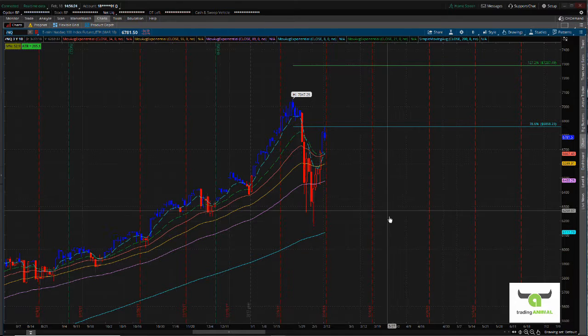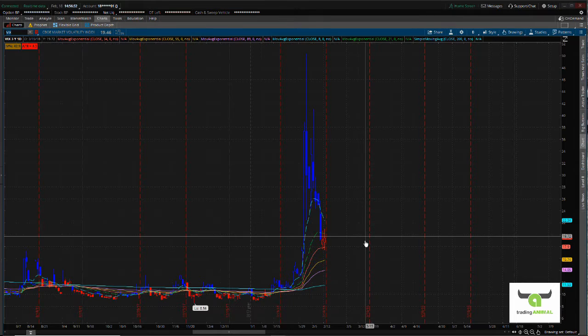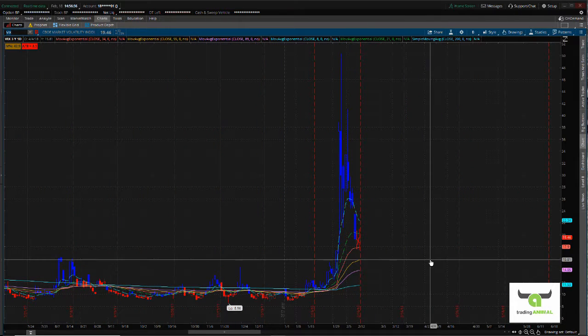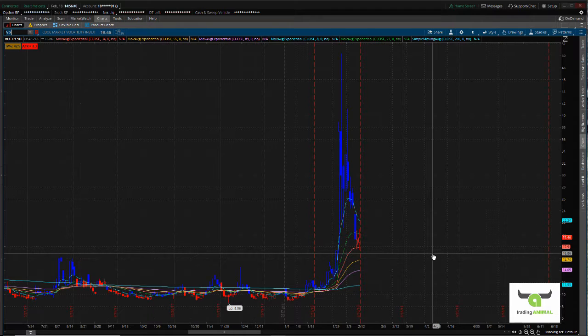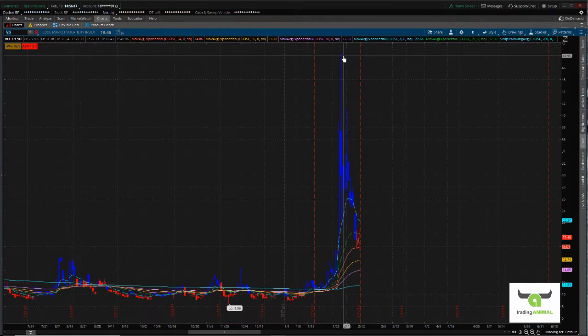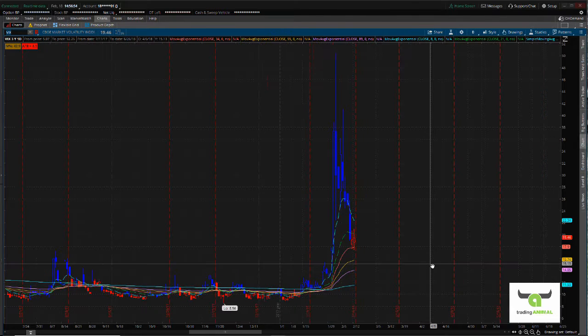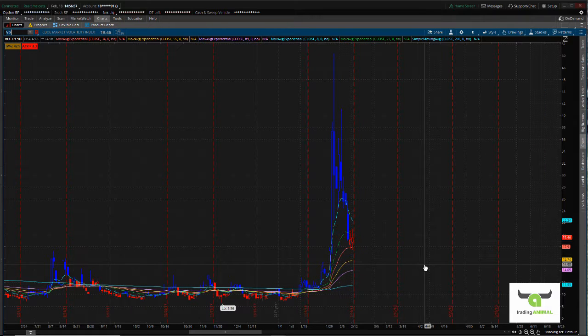After the NASDAQ, one other thing I wanted to look at was the VIX. The VIX, as you know, got really high the last couple of weeks. When the market started declining, a lot of volatility came back into the market, and it peaked here at a little over 50. But it has since come back down, so that's a good sign that the VIX is declining as the market is starting to rally a little bit.